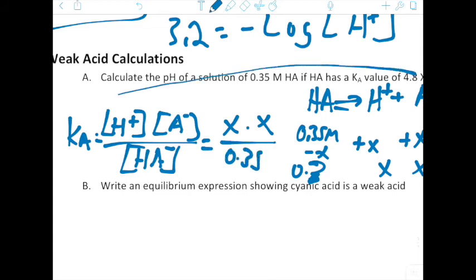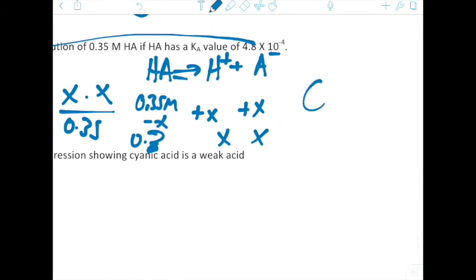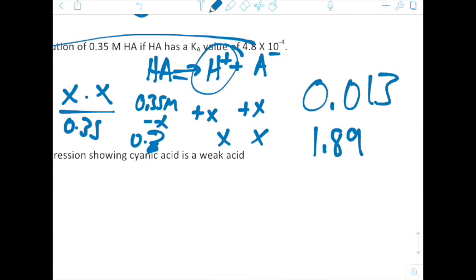Plug in your Ka number there and solve for X, and X is going to give us a concentration of 0.013 for our X, which is our hydrogen concentration. We take the negative log of that and we would get a pH of 1.89.